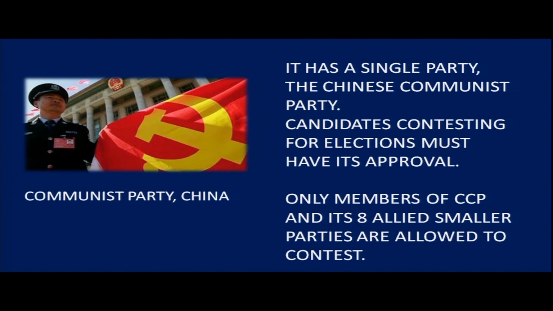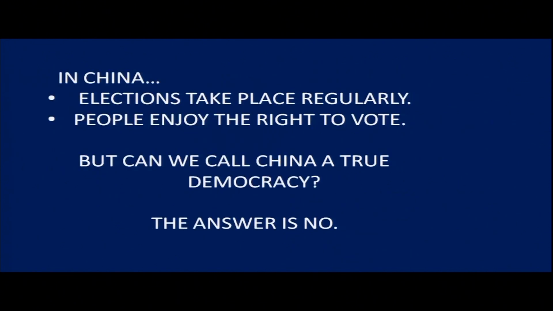The Chinese Communist Party is the only party that exists, so the candidates who contest for elections in China need to be approved by the Communist Party. Only members of the Chinese Communist Party and its allied smaller parties, 8 in number, are allowed to contest in the elections. So, we have seen that in China, elections do take place regularly.